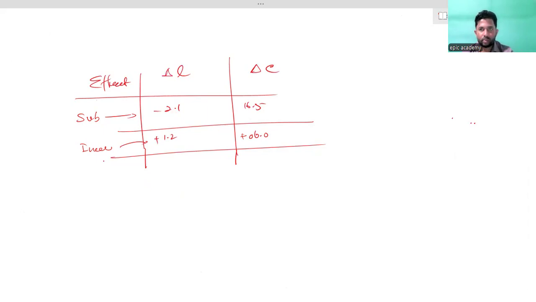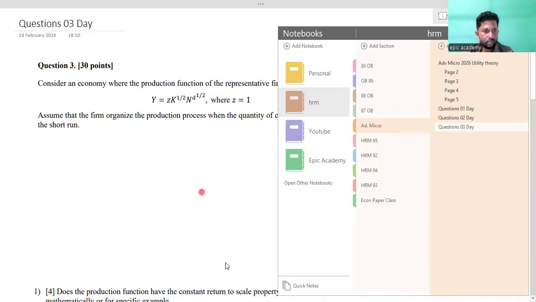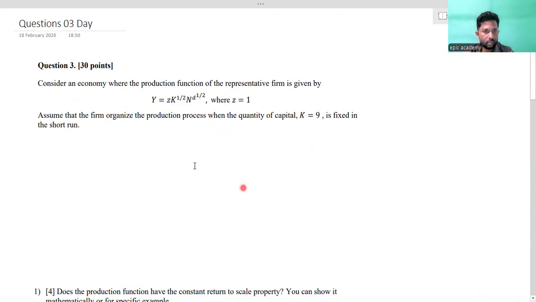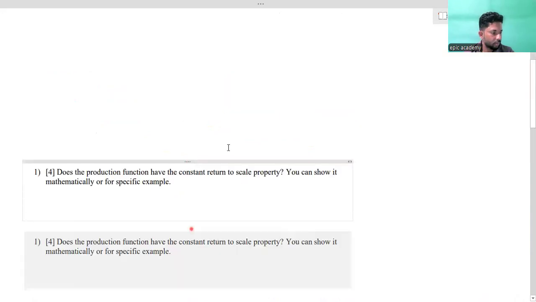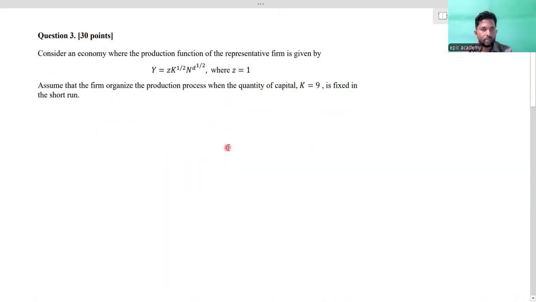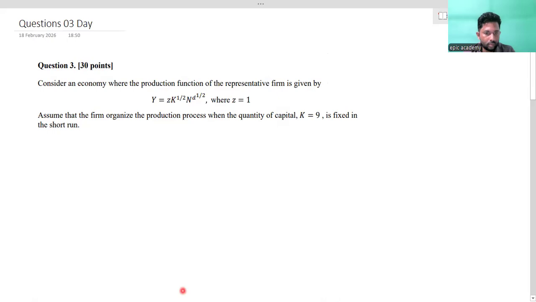Let's move to the next one. Question number 3. Here, we have to consider the Cobb-Douglas production function.